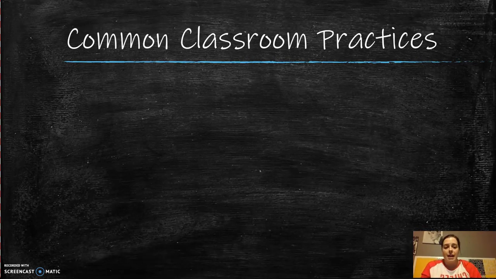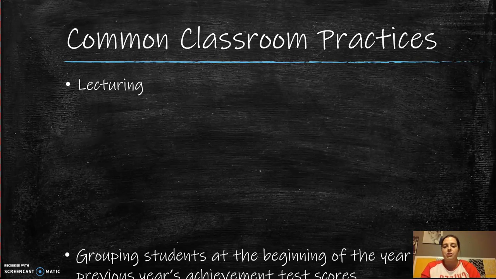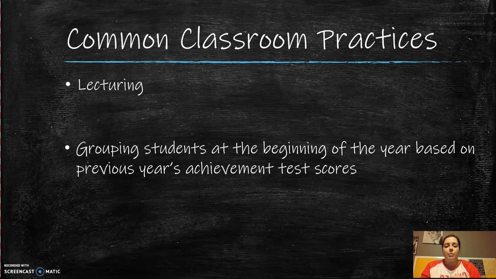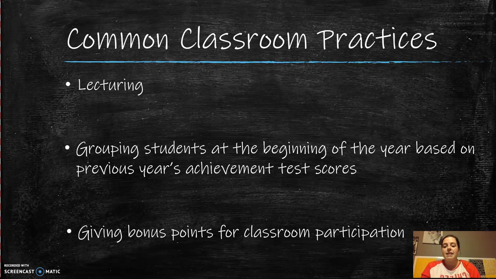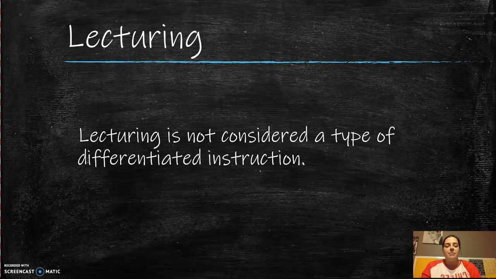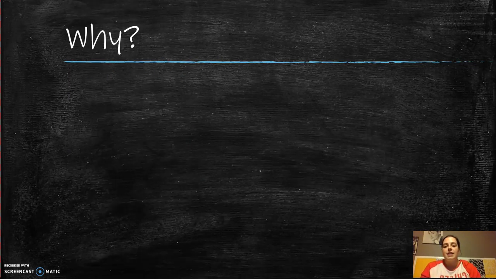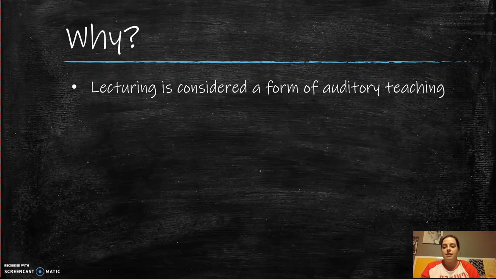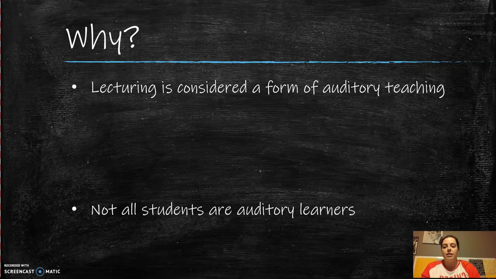So some common classroom practices that are going on right now include lecturing, grouping students together at the beginning of the year based on previous year's achievement test scores, and giving bonus points for classroom participation. So, for lecturing, it's not considered a type of differentiated instruction. This is because it's a form of auditory teaching.